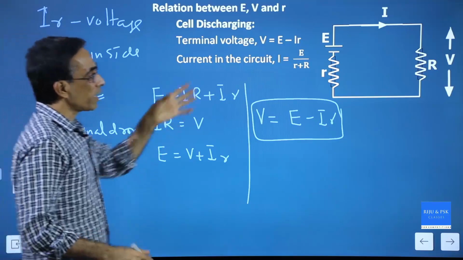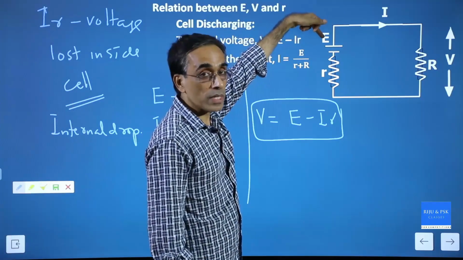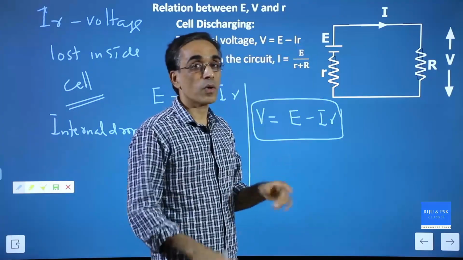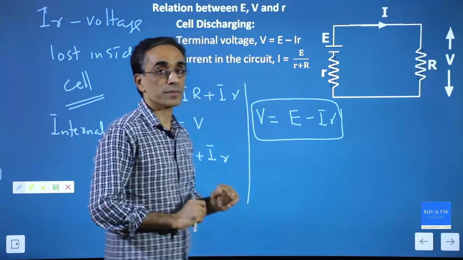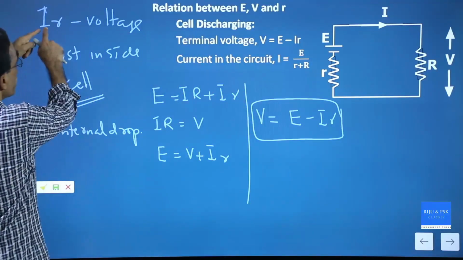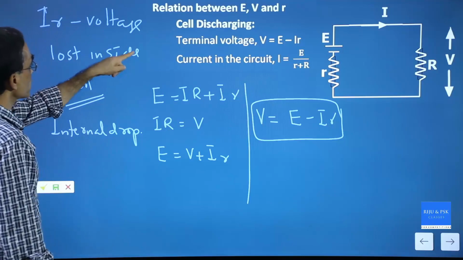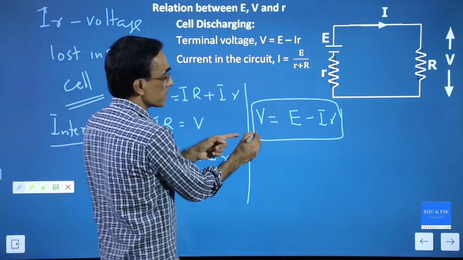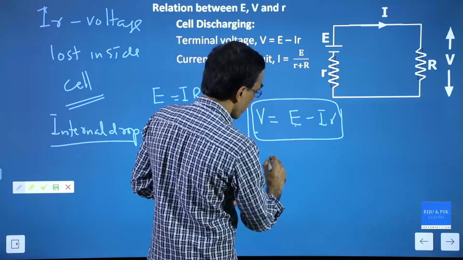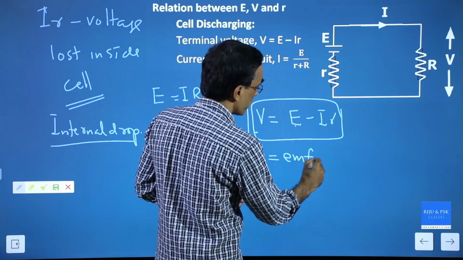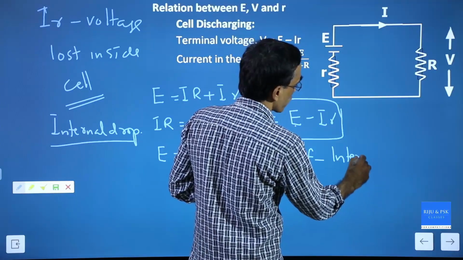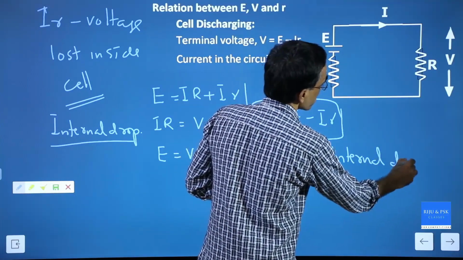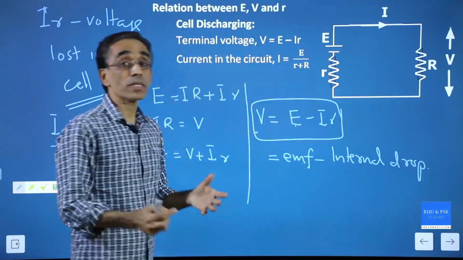So when a cell is ready to give you EMF E, some voltage is lost inside, only the remaining thing is given to you. Terminal voltage is nothing but EMF minus internal drop. So you should write like this one, EMF minus internal drop.